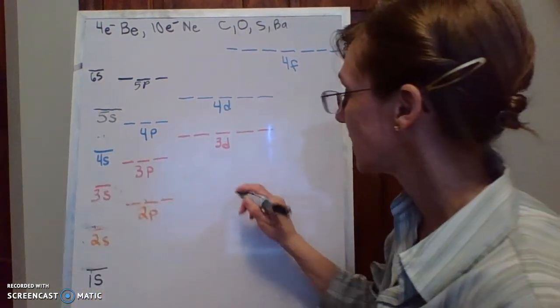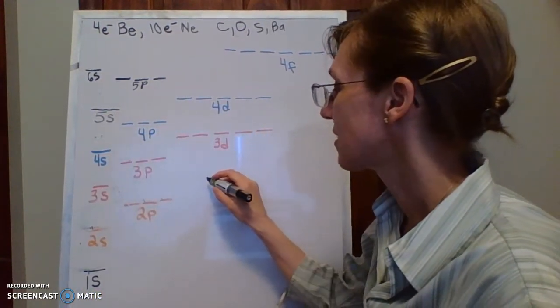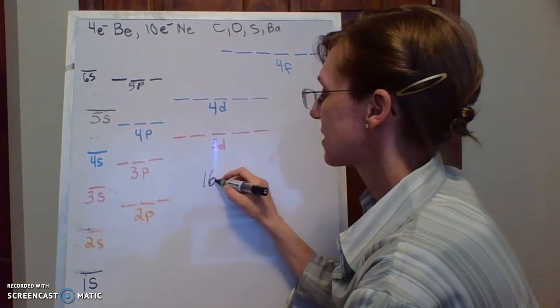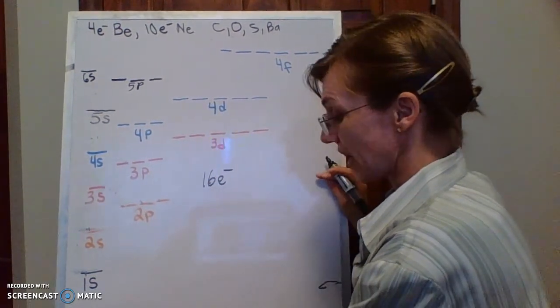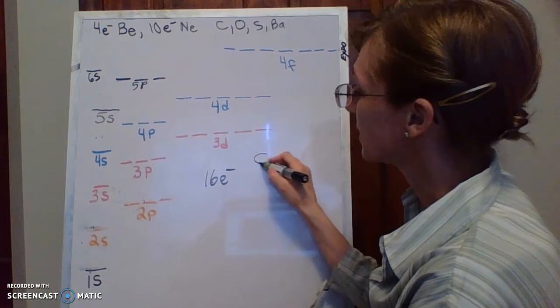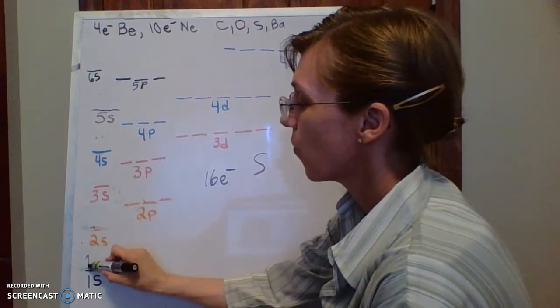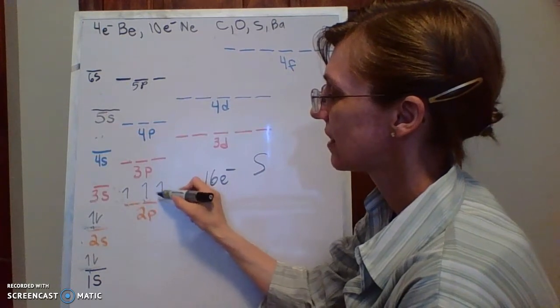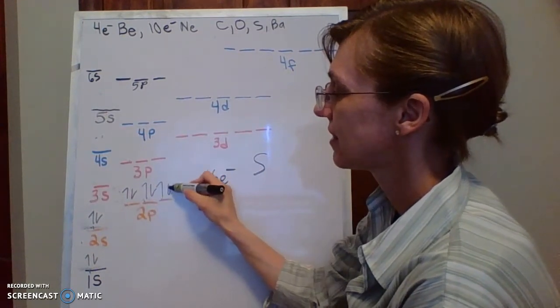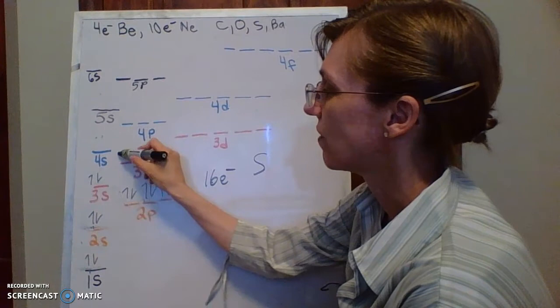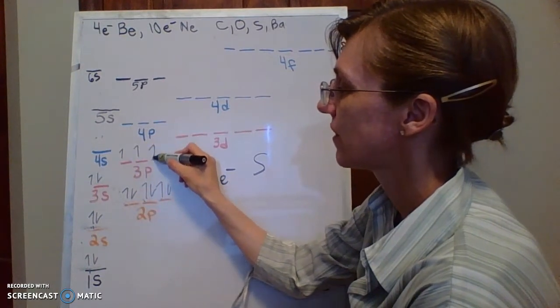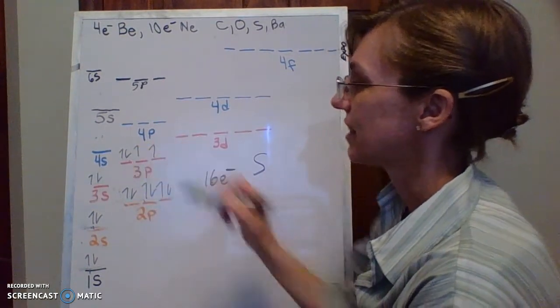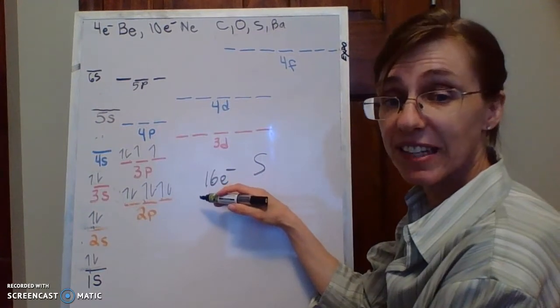It has 16 protons. 16 protons means 16 electrons in a neutral atom. We're doing sulfur this time. 1, 2, 3, 4, 5, 6, 7, 8, 9, 10, 11, 12, 13, 14, 15, 16. And then we stop because we got to 16.